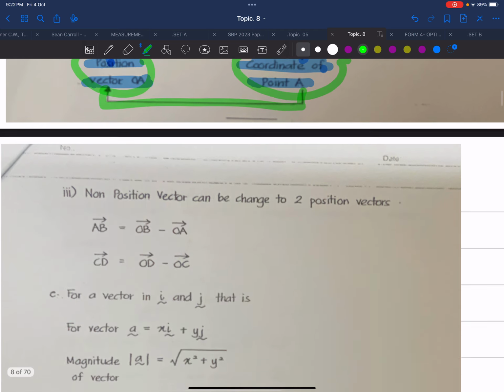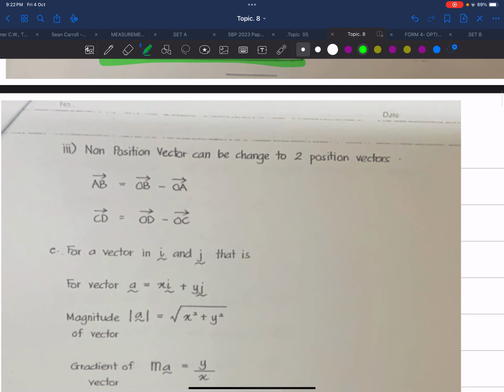Next, still on position vector, a non-position vector can be changed to two position vectors. AB is not a position vector. It is not starting from O. But AB is the same as OB, the second alphabet, minus OA, the first alphabet.